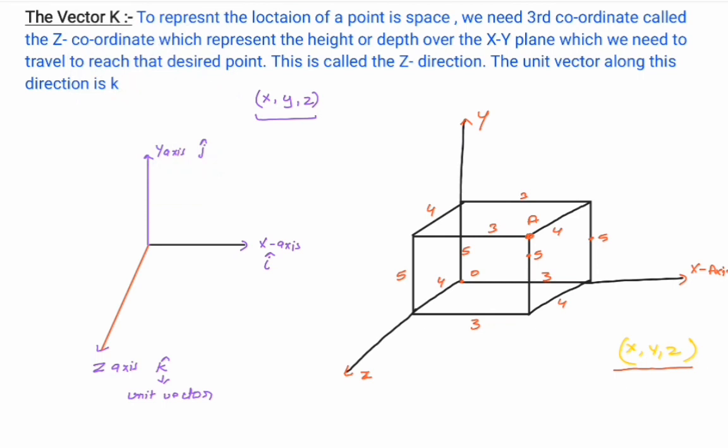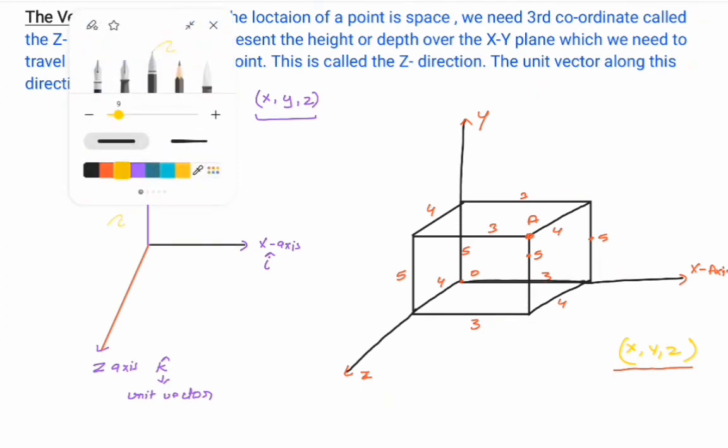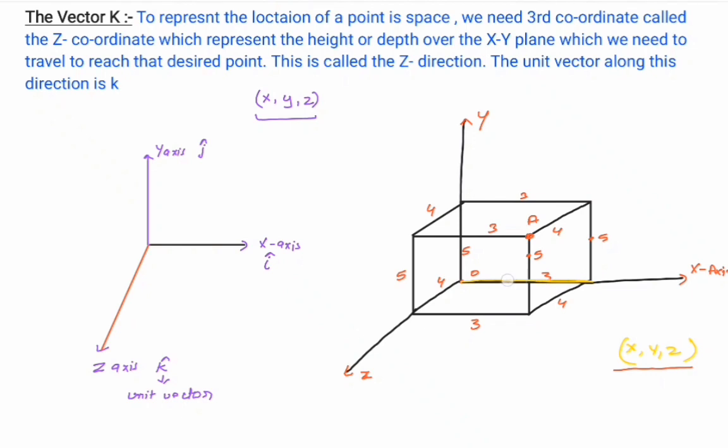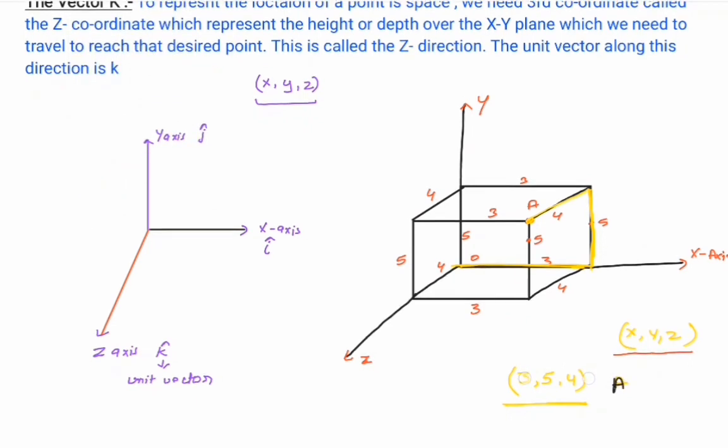To reach point A, you need to first walk 3 on the x-axis. Then you walk 5 on the y-axis. Then you need to walk 4 on the z-axis to reach the point. So this will be known as the coordinate of point A. Yes, I am representing x-axis, y-axis and z-axis.